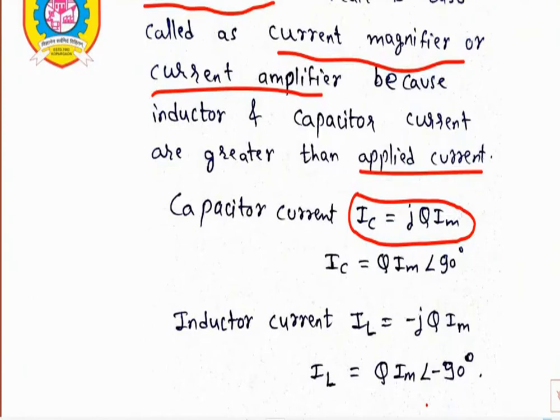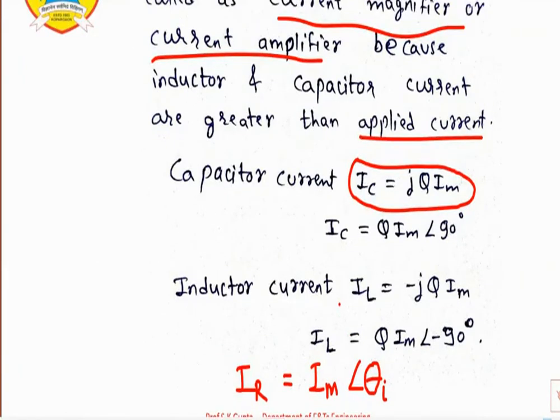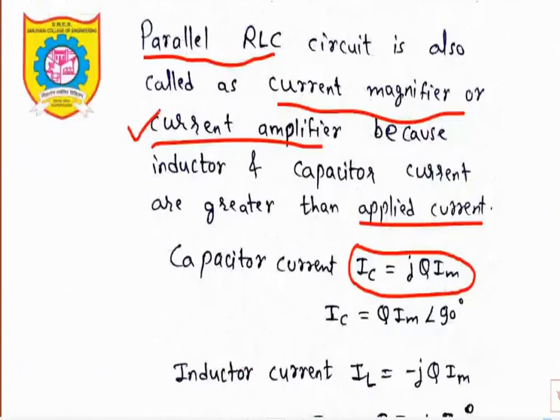At resonance, current through resistance is nothing but Im only, with the same angle. Whatever is the angle of Im, with that angle only resistance current will flow at resonance. So parallel RLC circuit is called a current amplifier. Important point, you should remember that in parallel RLC circuit current gets amplified.